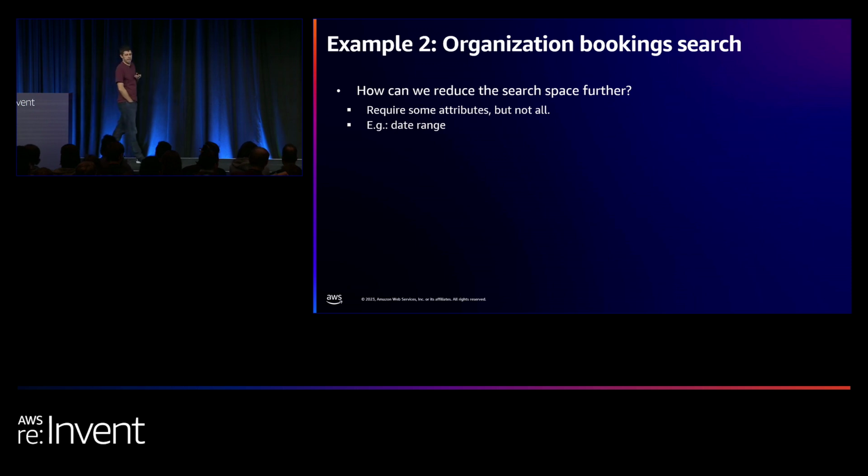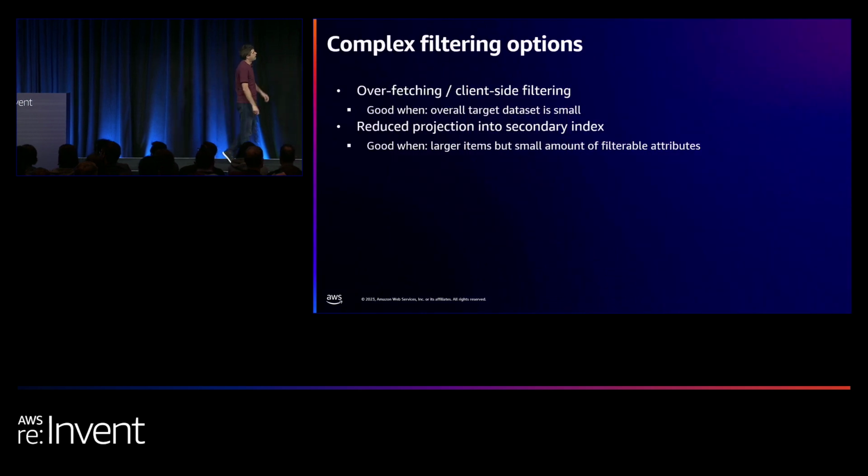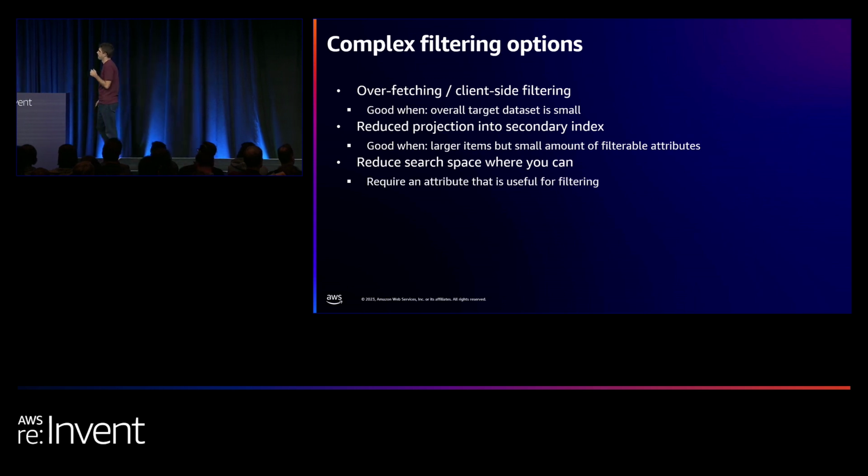And now if a date range is in your sort key, you can say, hey, only get the records for this particular date range. That can really cut it down, and now you can do filtering a lot easier. So again, another strategy: how can you reduce that search space, require that attribute that's useful for filtering?